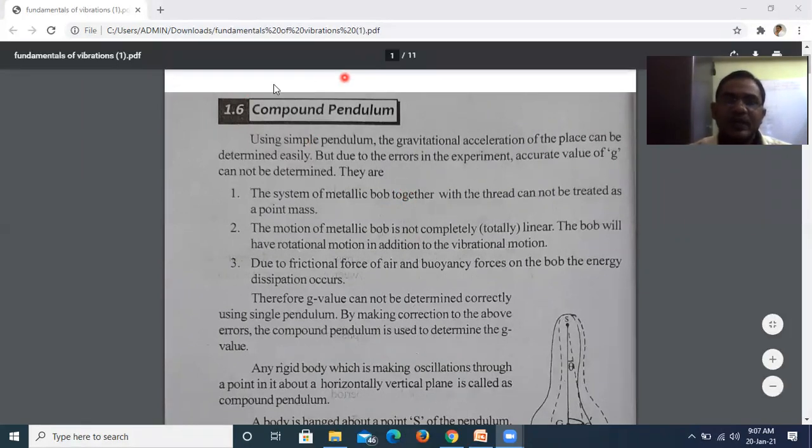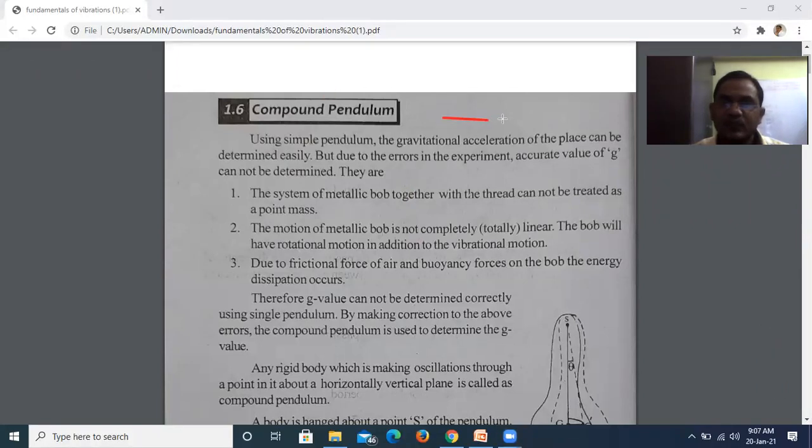I will draw the figure. This is some rigid support. This is a thread or string and a point mass.